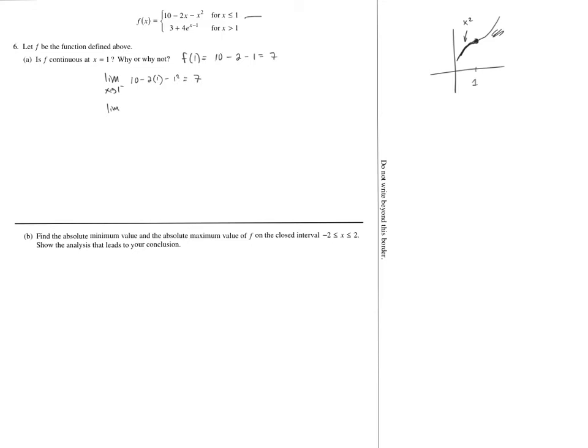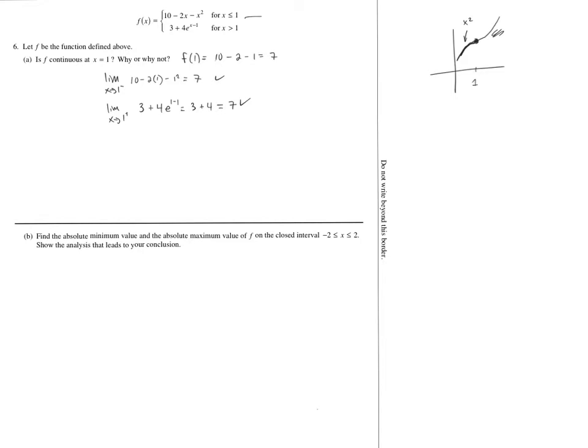And the limit as x approaches 1 from the right is going to be 3 plus 4 times e to the 1 minus 1, which of course is 3 plus 4 times e to the 0, e to the 0 being 1. We've got the limit from the left equaling the limit from the right equaling the y value.